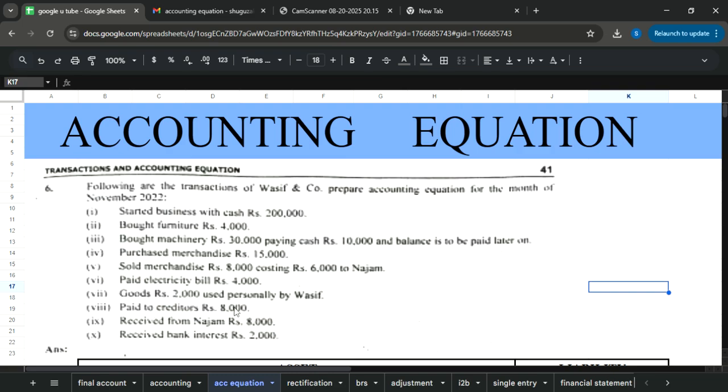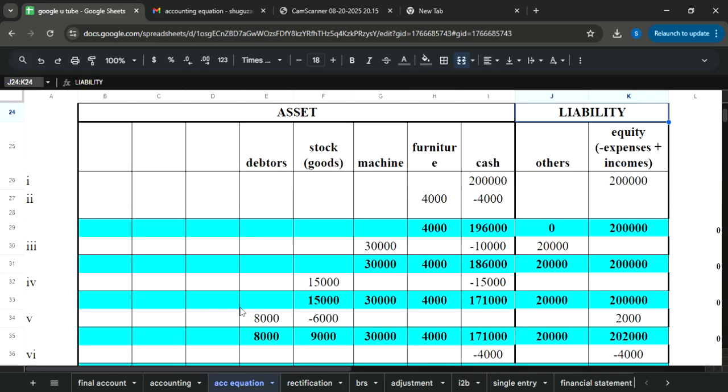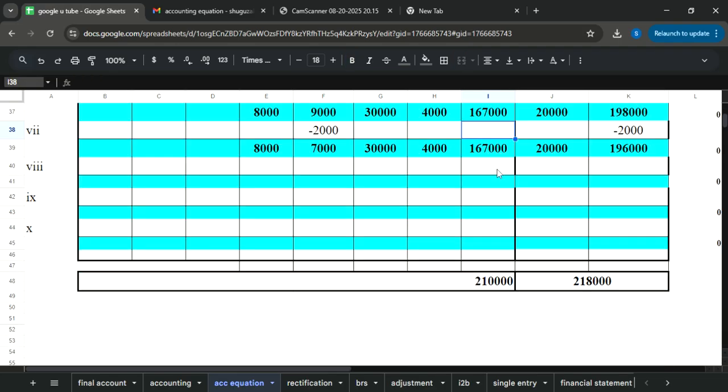Now we will see entry number 8. Paid to creditors. Please note it down. We have bought machinery in entry number 3, where only 10,000 was paid, and the remaining 20,000 was still payable. So here in the 8th entry we have paid. When you will pay, there would be a decrease in cash. This is your cash column. So over here you will decrease your cash.